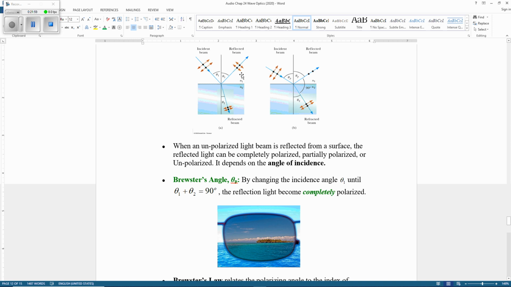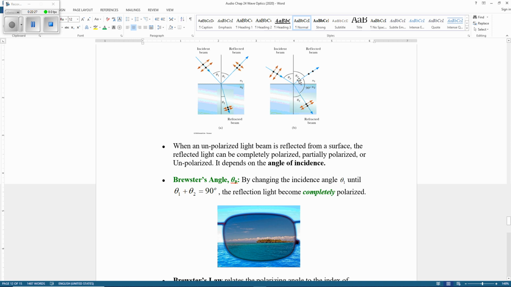Then we check this reflected light. We're going to find that when this angle changes until the incidence angle plus the refraction angle equals 90 degrees, when this angle plus that angle equals 90 degrees, then what happens?